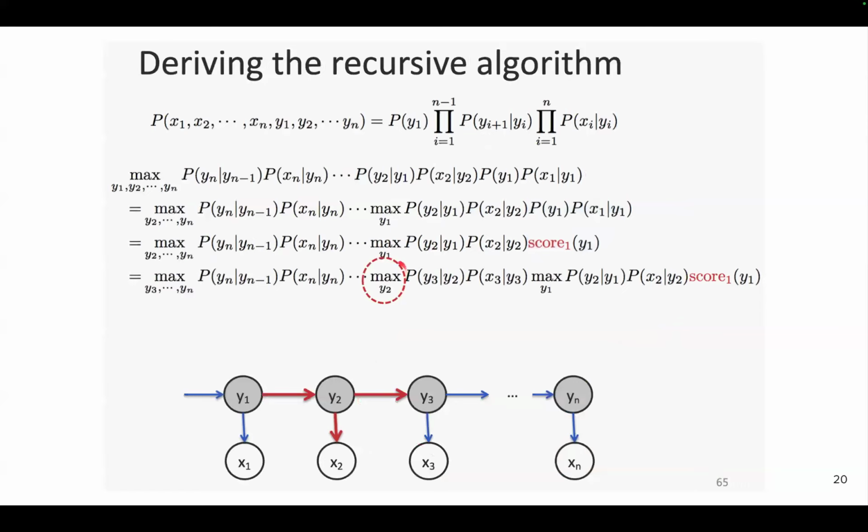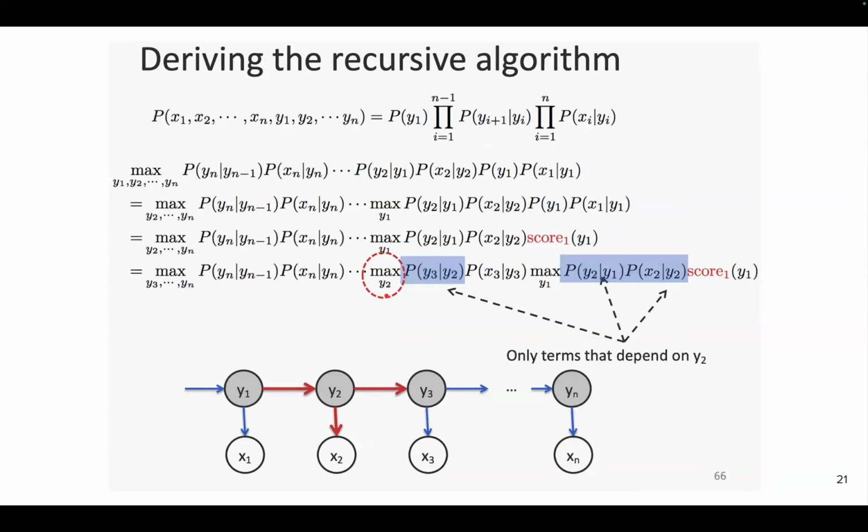Okay, so here, focus that we have a maximization over y2. The other terms that depend on y2 are the probability of the next tag given the current tag, the probability of this current tag given the previous tag, and the probability of the current word given the current tag. So these are three terms that depend on y2. And if we look at the rest of these products, you will see that there are always these three terms depending on the current tag.